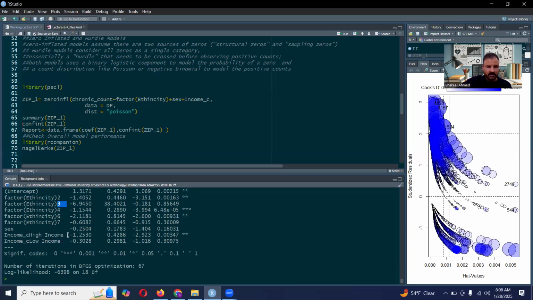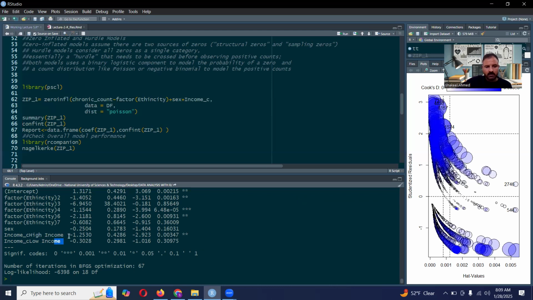Similarly, the income, high income and low income, is compared with the unknown category. That is not ideal, although you need to exclude the unknown category while analyzing for income. If you are interested in assessing the effect of income on the number of counts of chronic conditions, then you need to have only one category, either high or low.